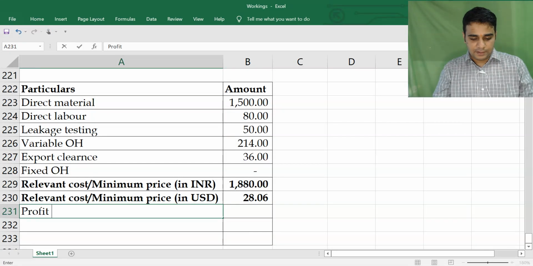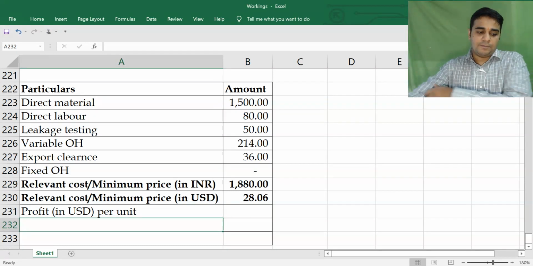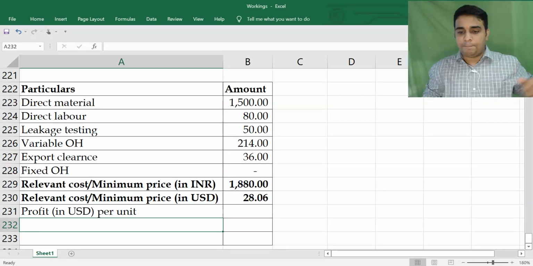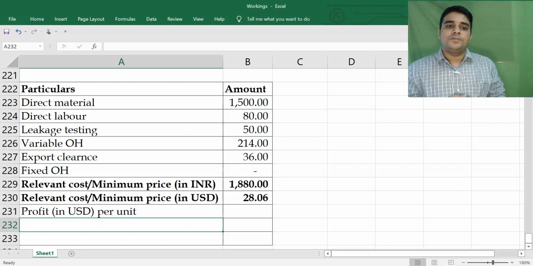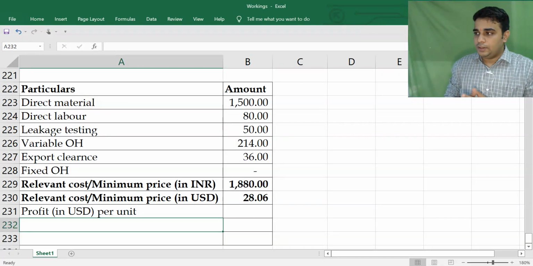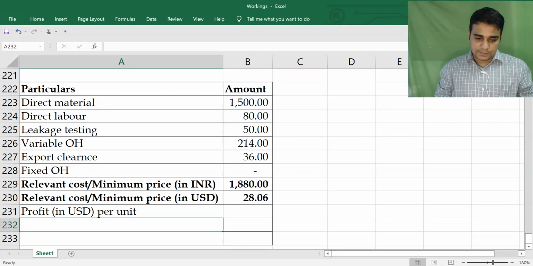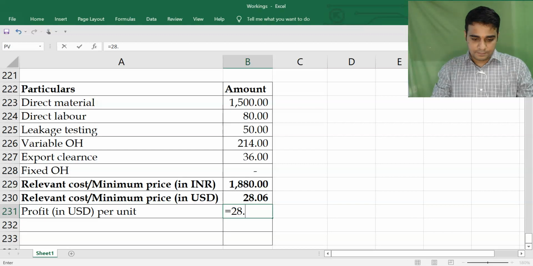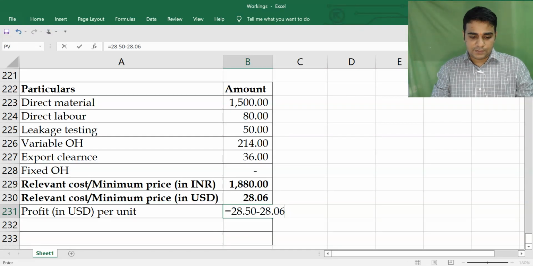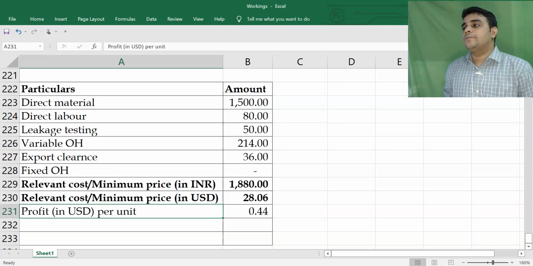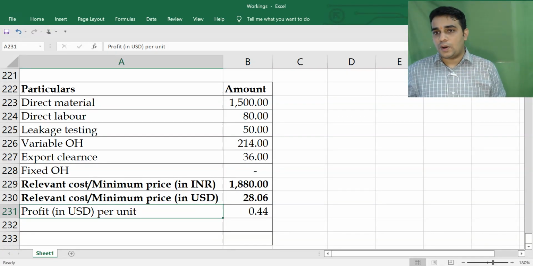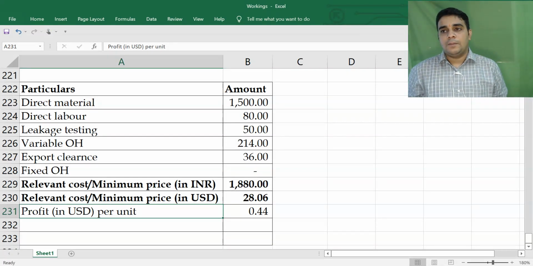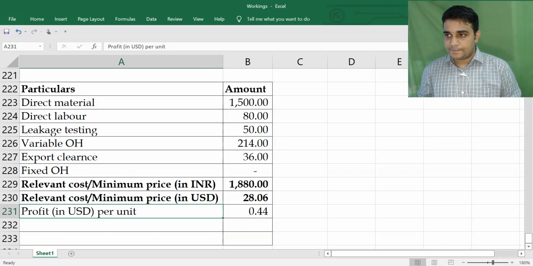Profit in US dollar per unit: 28.5 minus 28.06, $0.44.